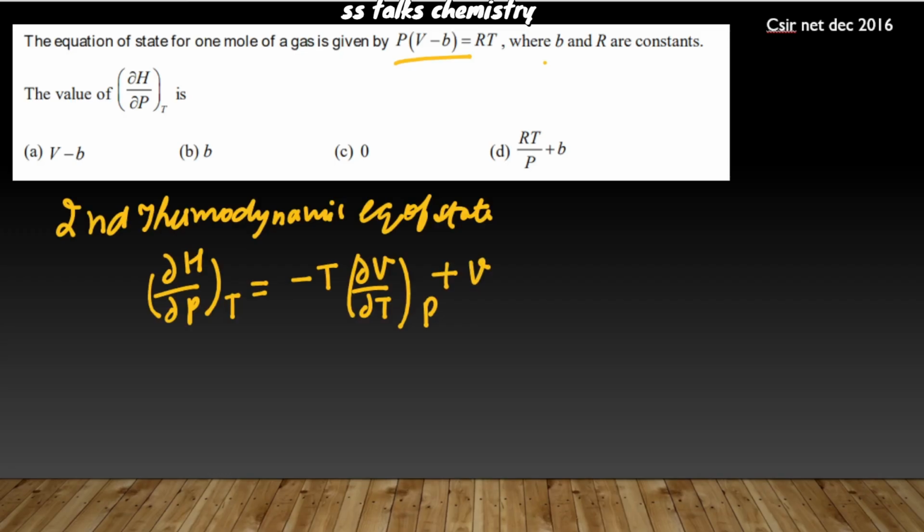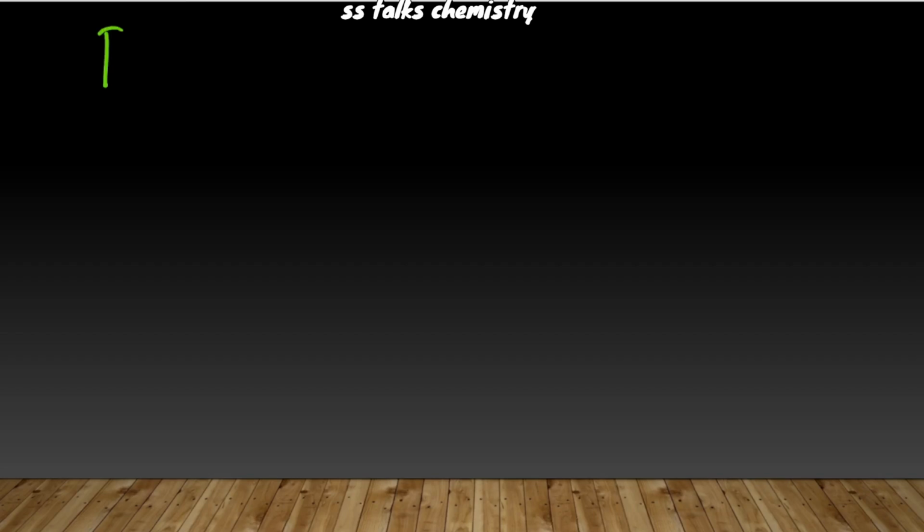Now the equation we have been given is P into (V minus B) equal to RT. I have to find the value of del V by del T at constant pressure. So open this, it will be PV minus PB, that is equal to RT. Now its differentiation, I am continuing on the next slide. It is PV minus PB equal to RT.